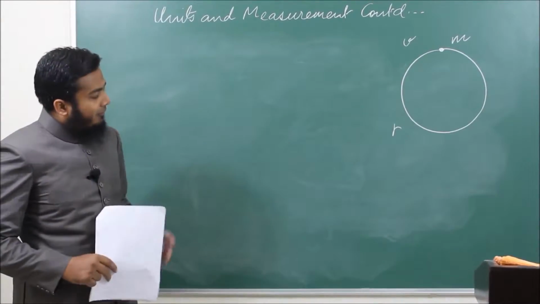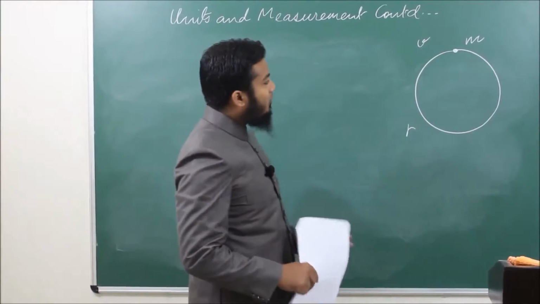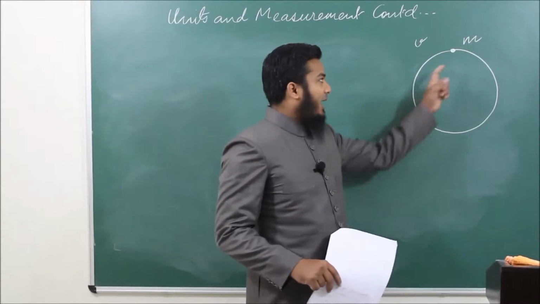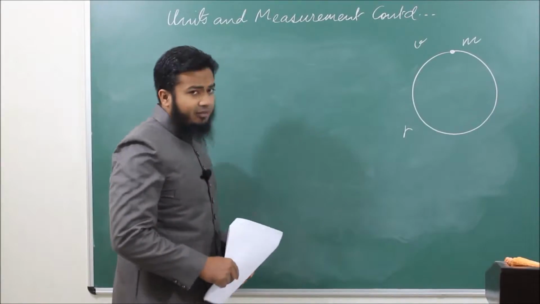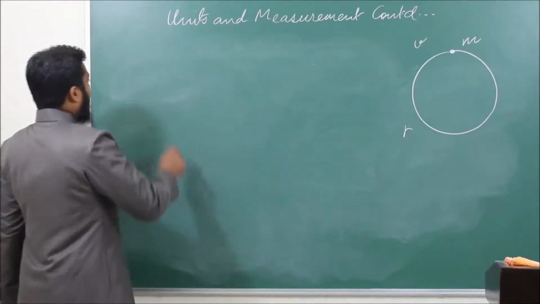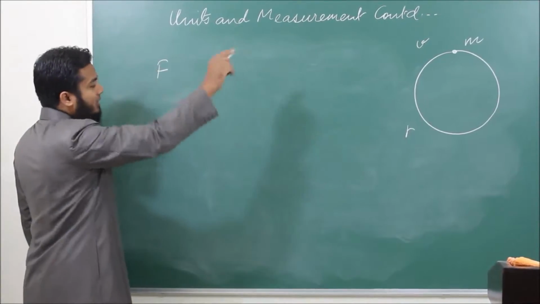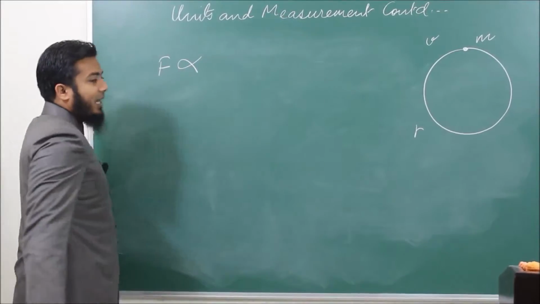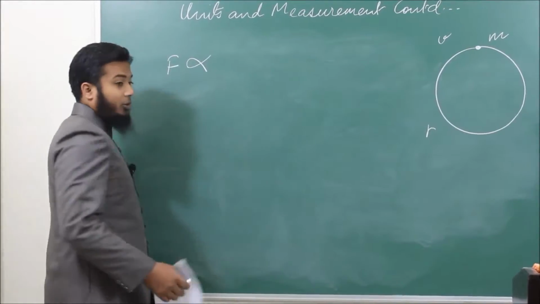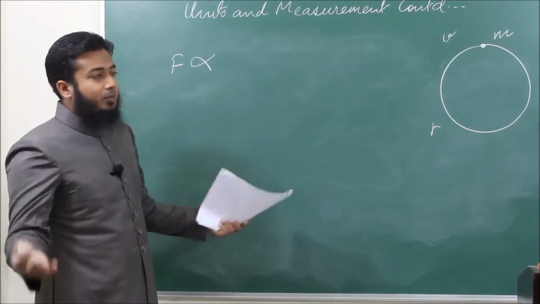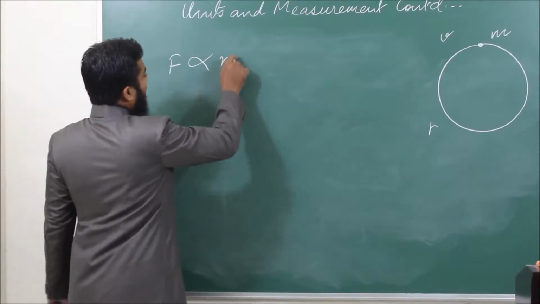So now we have to find a formula for force which is acting on this particle, on this circle. Again we will guess. We will say that force on this m is directly proportional to mass of the particle, but we don't know to which power of mass, so we will write just a.